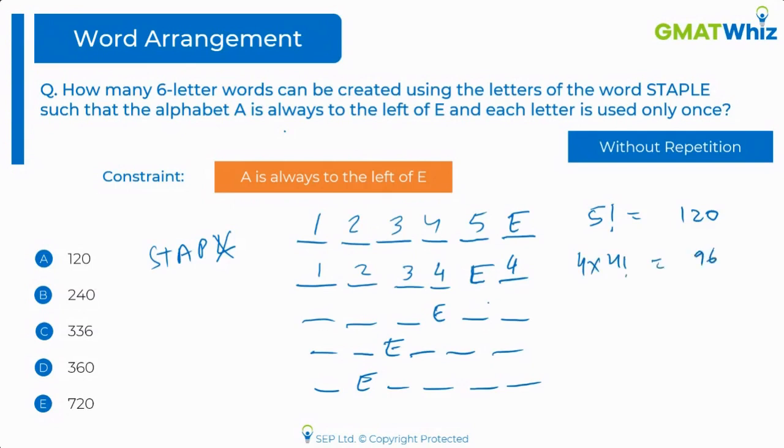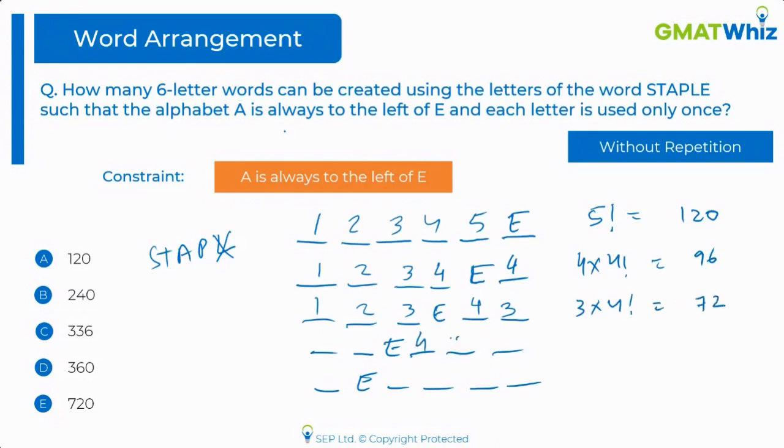Similarly, over here I have 4 options, 3 options, 3, 2, 1. I'm going a little fast here, but please bear with me. So this is basically 3 into 4 factorial, or you can multiply it if you want.